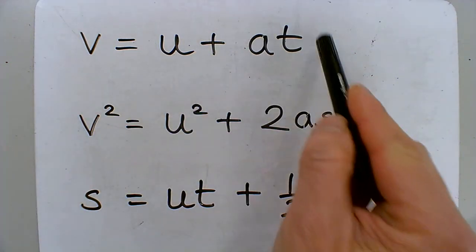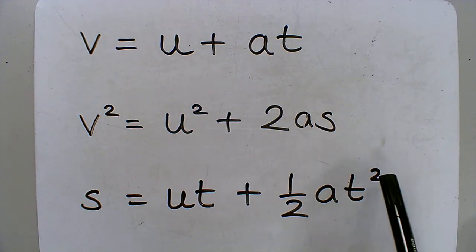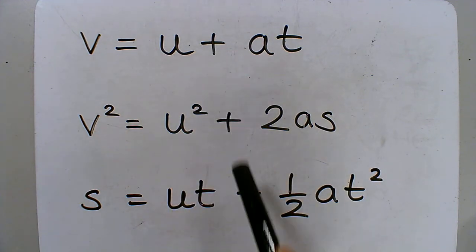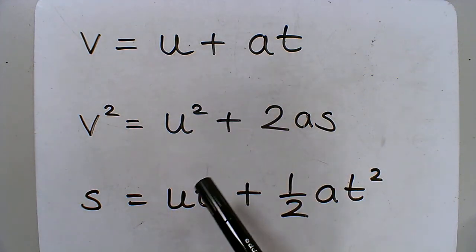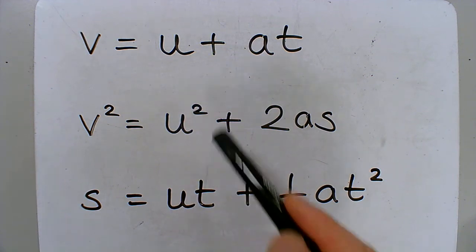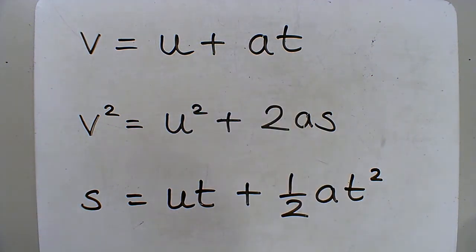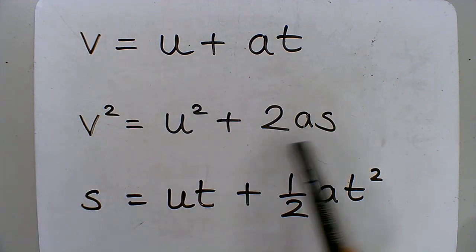This one has time, this one has time, so it can't be these two. You don't have that information, so you won't be able to find the answer with them. So if you had to find the acceleration and you don't have time, but you have the displacement, the final velocity and the initial velocity, then this is the one that you would go for.